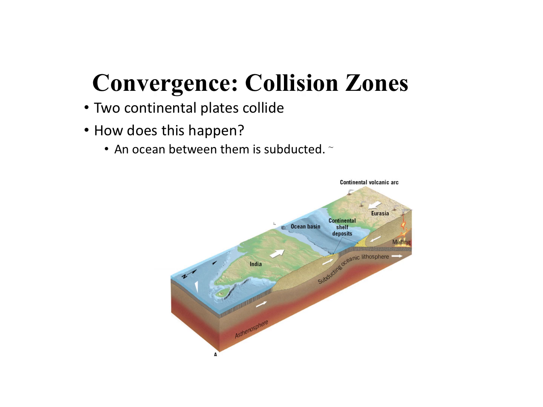So the third type of collision zone happens when you have a plate of continental lithosphere that is converging with another plate of continental lithosphere. So this happens when an ocean between two continents has been subducted away. So a good example to look at is the example of India crashing into Asia, creating the Himalayan mountains.